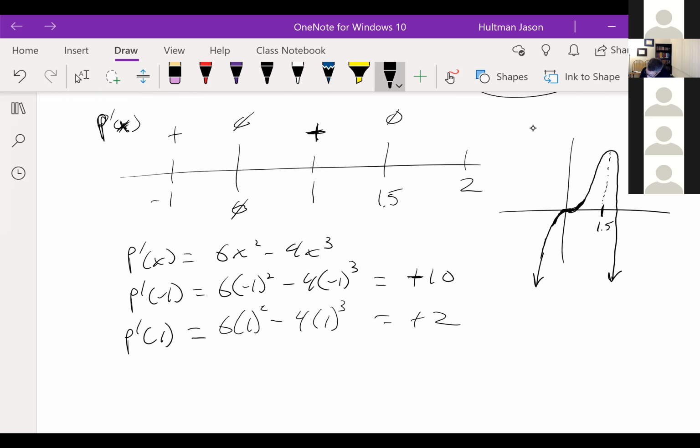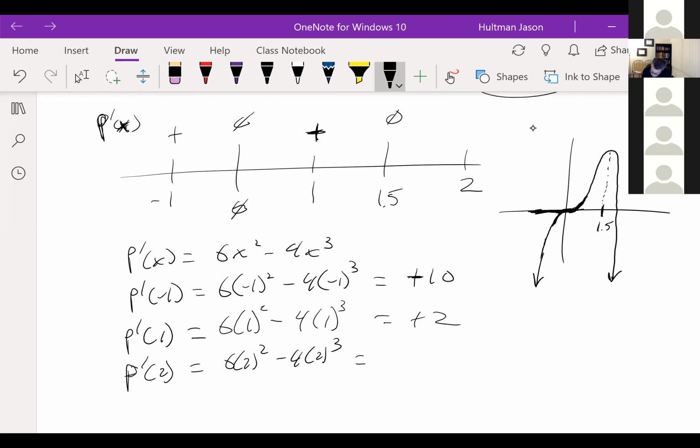It goes flat for 1 second. So what about p prime of 2? What happens there? This is 6 times 2 squared minus 4 times 2 cubed.